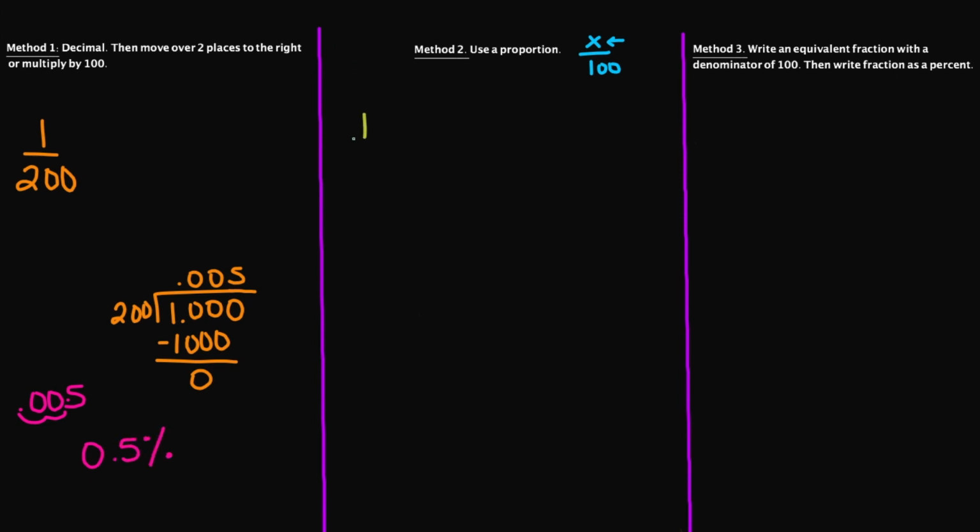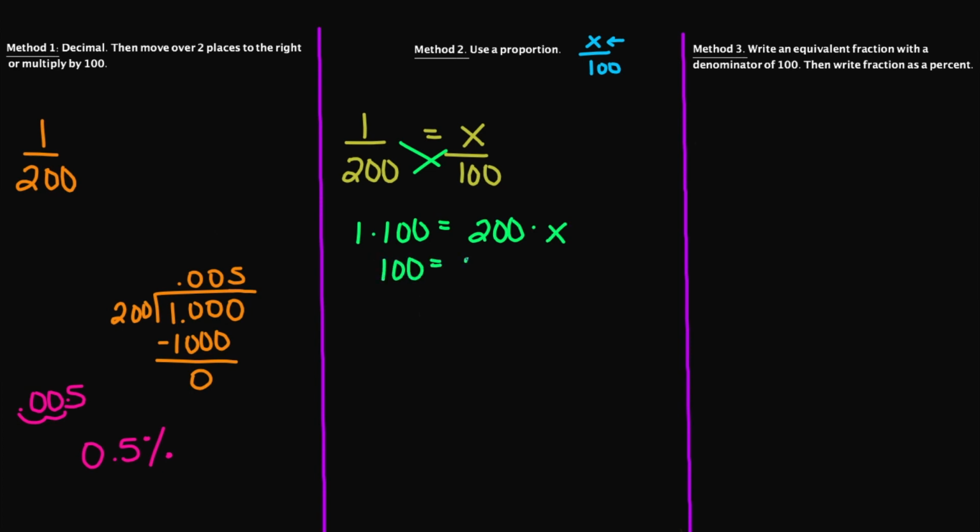So let's do a proportion. So if I have 1 over 200 equals x over 100, I'm going to cross multiply. So we have 1 times 100 equals 200 times x. So 1 times 100, this is 100, equals 200x. Divide both sides by 200. So 100 divided by 200. 200 does not go into 100, so I'm going to add decimal, and 0.